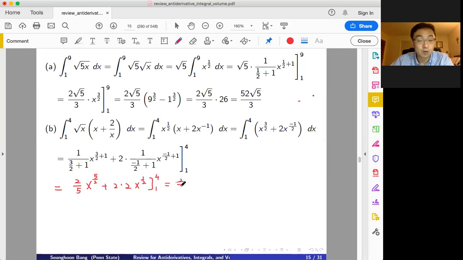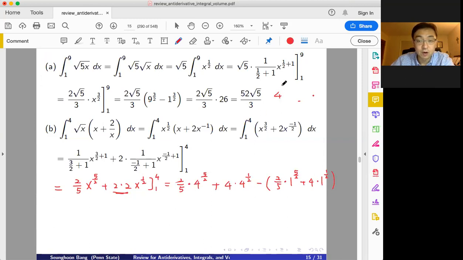We have 2 over 5 times 4 to the 5 over 2 plus 2 times 2 is 4, times 4 to the 1/2, minus plug in 1. 2 over 5 times 1 to the 5 over 2 plus 4 times 1 to the 1 over 2. To simplify, what is 4 to the 5 over 2?